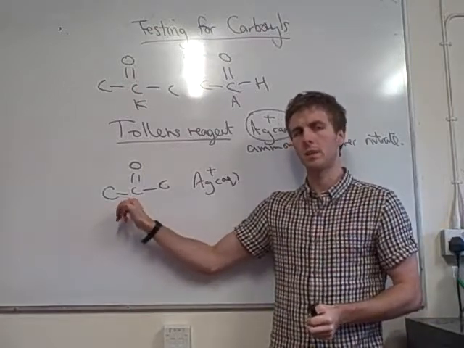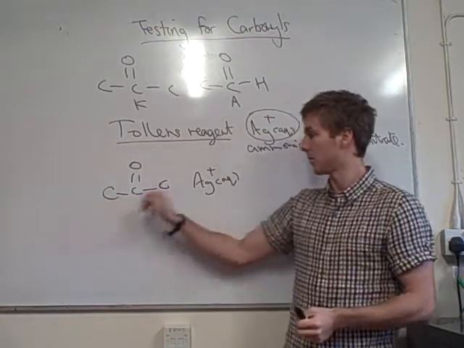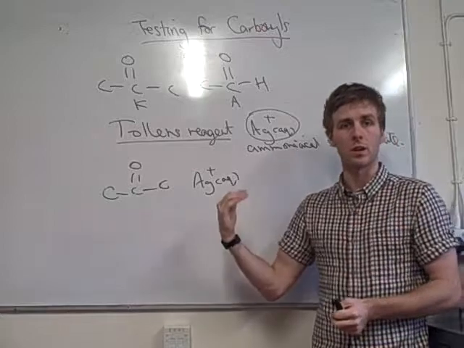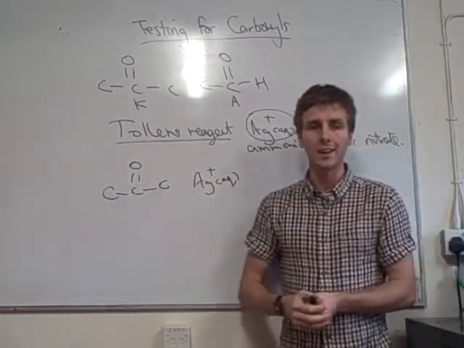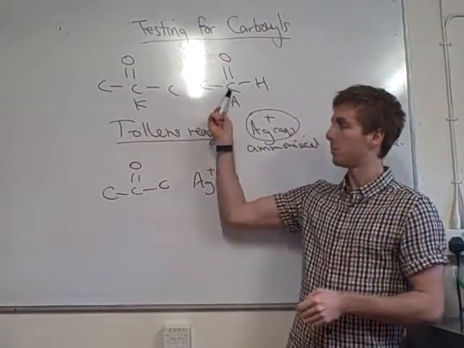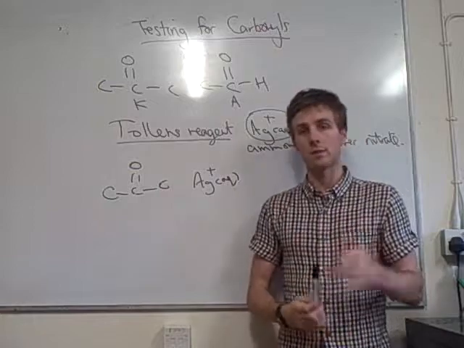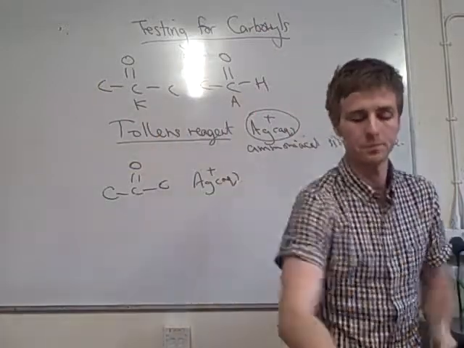Can you then oxidize a ketone further? No, you can't oxidize a ketone. So this reaction, which I talked about a minute ago, cannot happen with a ketone. So your test would be, add your Tollens reagent. If you get a silver mirror, it must be an aldehyde. If you don't get a silver mirror, it must be a ketone, or at least definitely not an aldehyde.